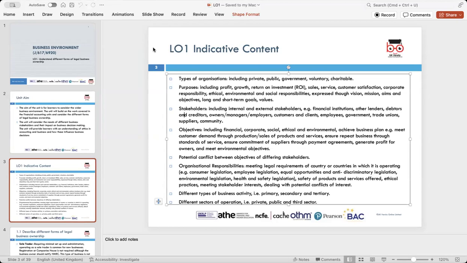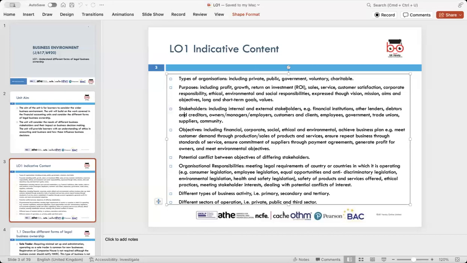So, indicative contents: types of business organizations, private, public, government, voluntary; charitable purpose, profit, growth, return on investment (ROI), sales, services, customer satisfaction, corporate responsibility, ethical considerations, environmental and social responsibilities. These purposes are often expressed through vision, mission, aims, objectives, long and short-term goals and values.